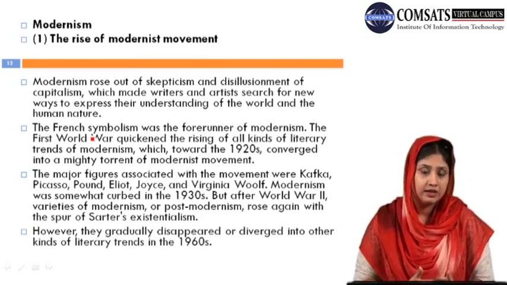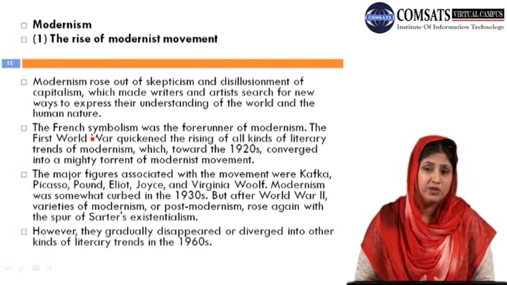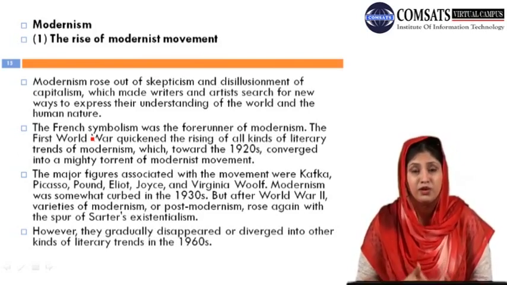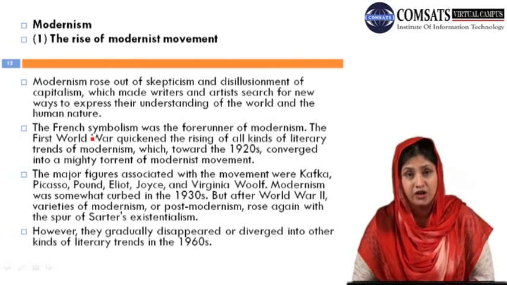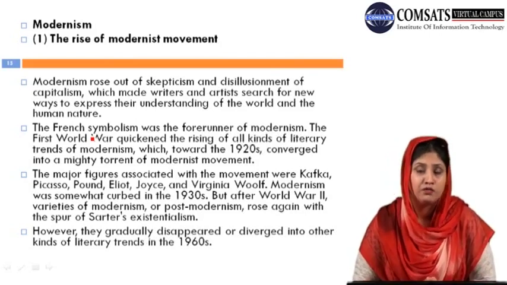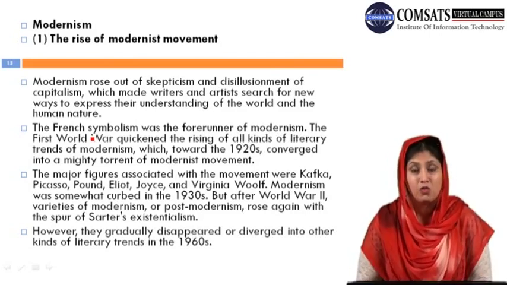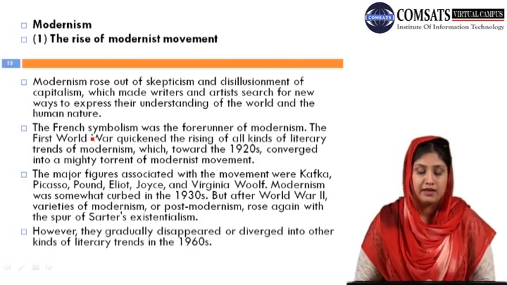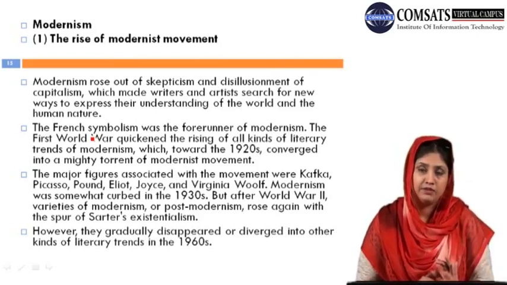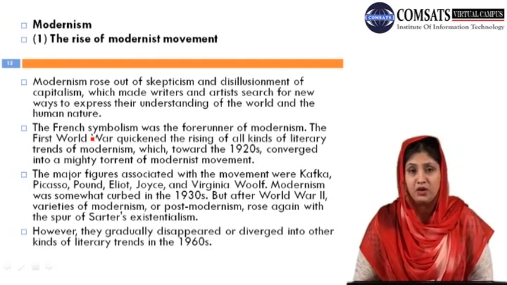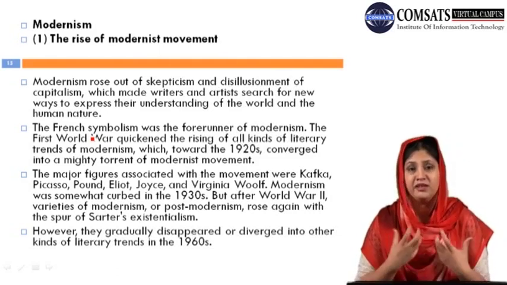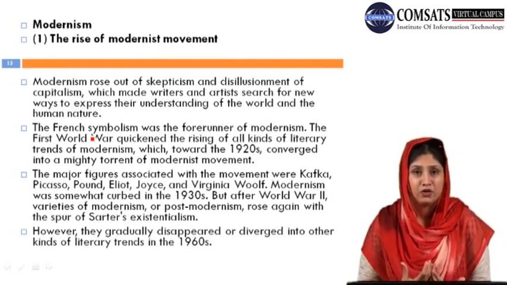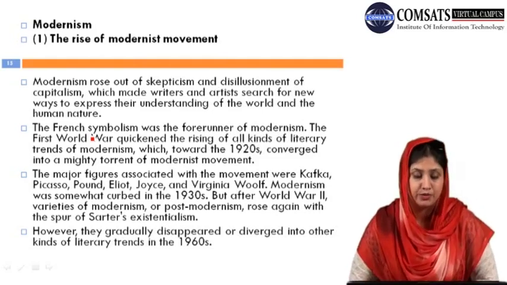So writers think that since the worldview has changed, there has to be a new form of art to express what they see in this world. The previous form of art that they would have been using is not enough to capture the real spirit, the real essence of what they are witnessing now in the world.